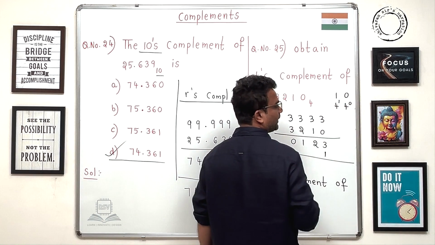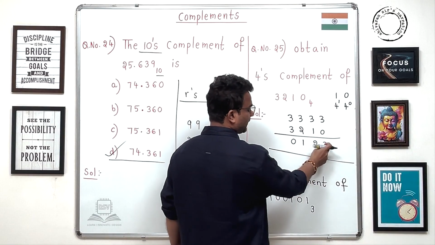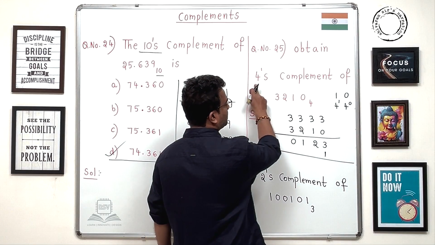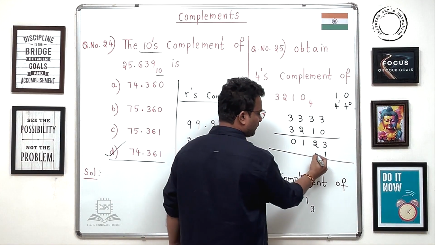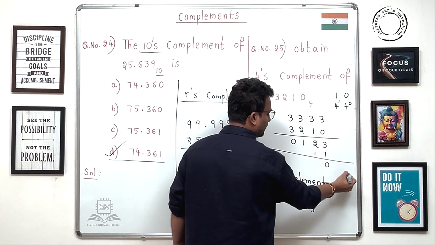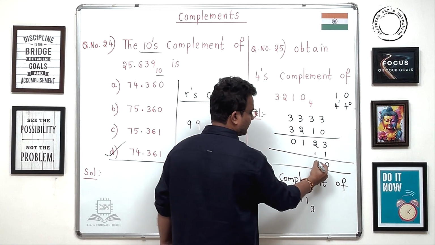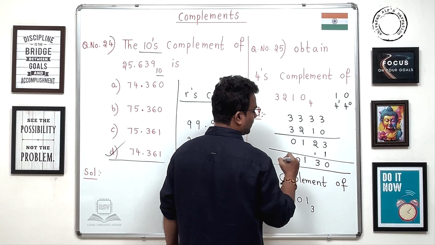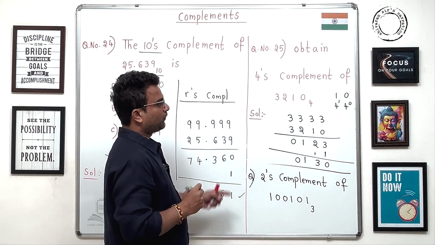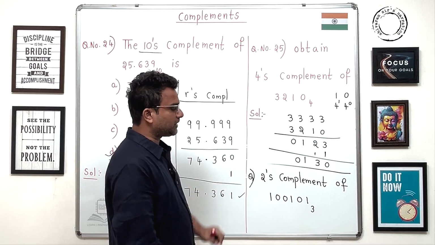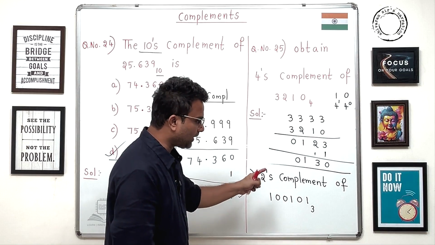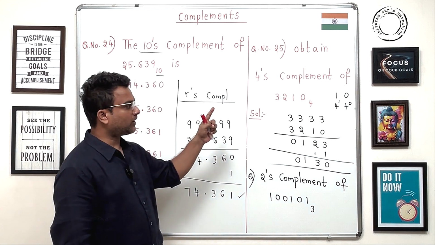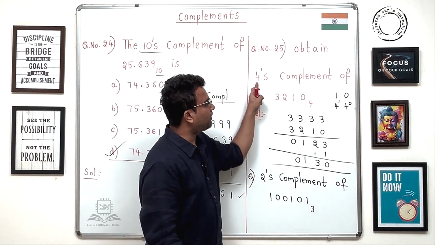It's 4 only. So you get 1, 0. Again, 2 plus 1, 3, 1, 0. Hence, guys, the 4's complement of 3210 is 0130. This is the 4's complement in the base 4 number system.